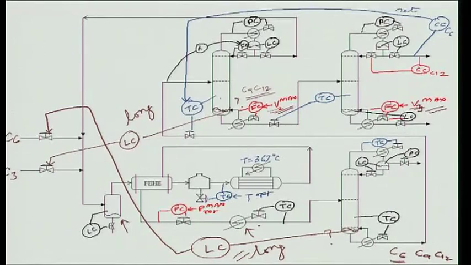So when this level controller changes the benzene, its effect will reach the bottom in, let us say, 5 or 10 minutes. Since my sump has a residence time of 5 or 10 minutes, this level control should work reasonably well. Similarly, the same logic holds for this one.